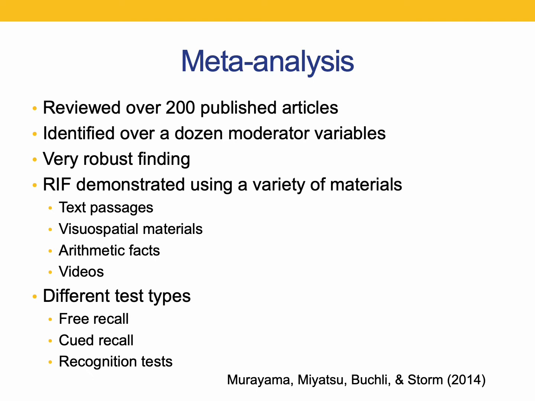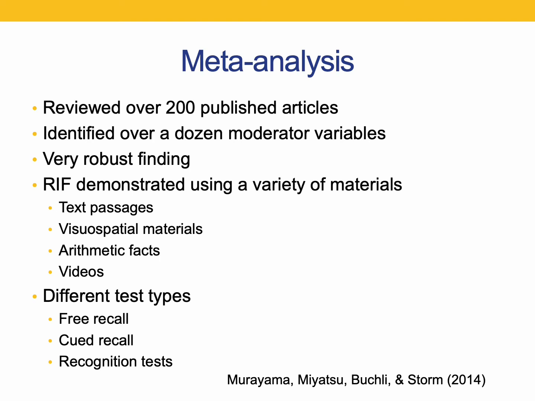So just like in the Carroll et al. 2007 study, we find it with text passages. We also find it with visual spatial materials like pictures. We find it with general world knowledge, such as lists of words or mathematical equations.